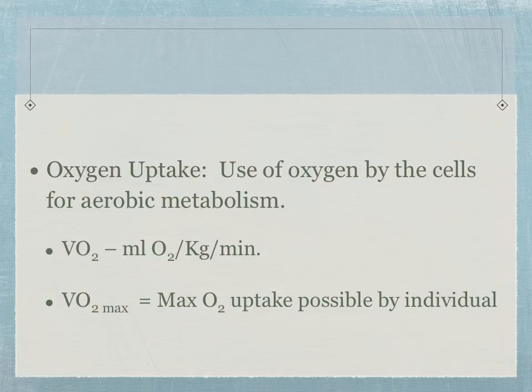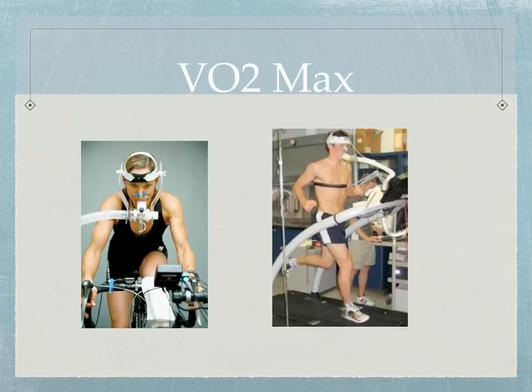So we use VO2 max as a reflection of someone's fitness level, which is reflective of all those systems working effectively to deliver oxygen. We measure VO2 max with oxygen consumption studies where, as we have people do more and more effort, they need to produce more ATP for higher intensities of work. We will see that their heart beats faster to pump more oxygenated blood to the working muscle.